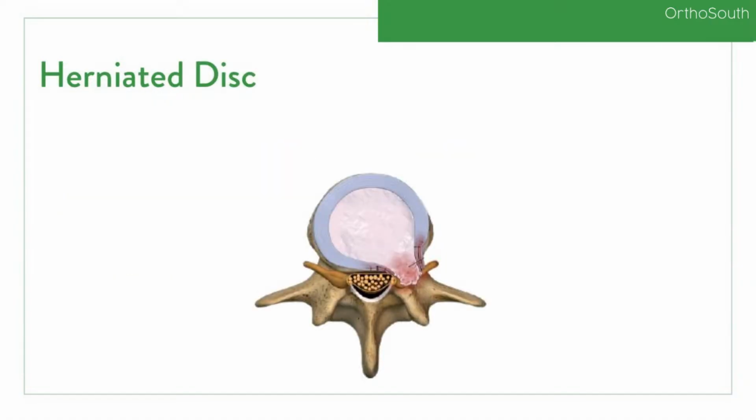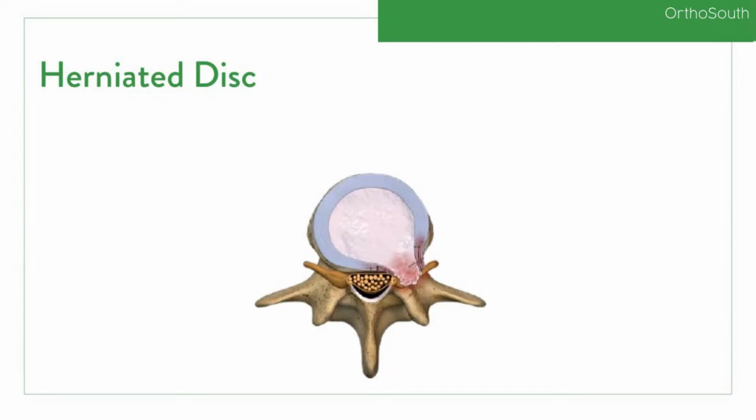So when you hear the term herniated disc, what you're really referring to is that inner portion right there, which is the nucleus. It's called the nucleus pulposus. Again, another fancy medical term. It just means the soft inner portion of the disc that has actually pushed through a weak spot in the outer jelly donut.